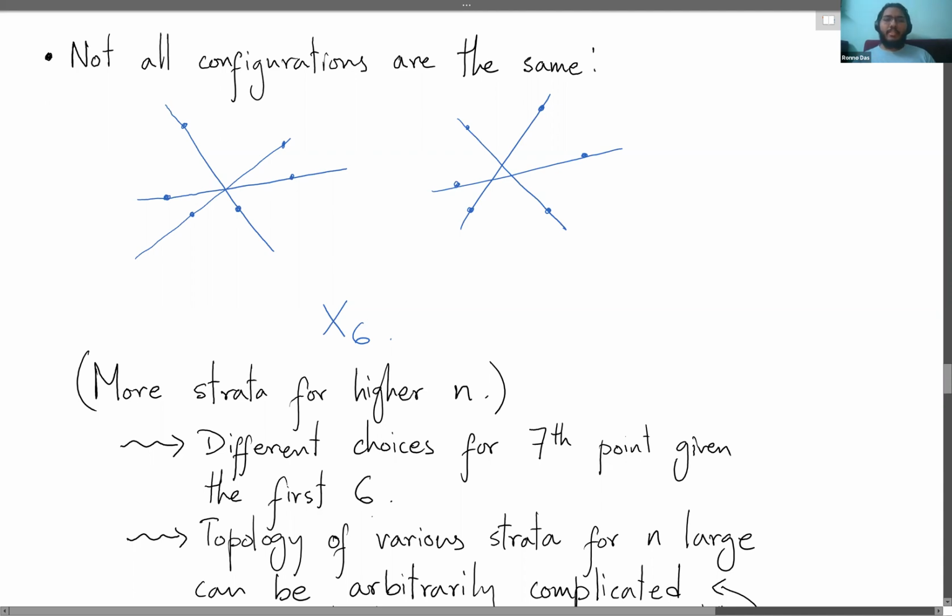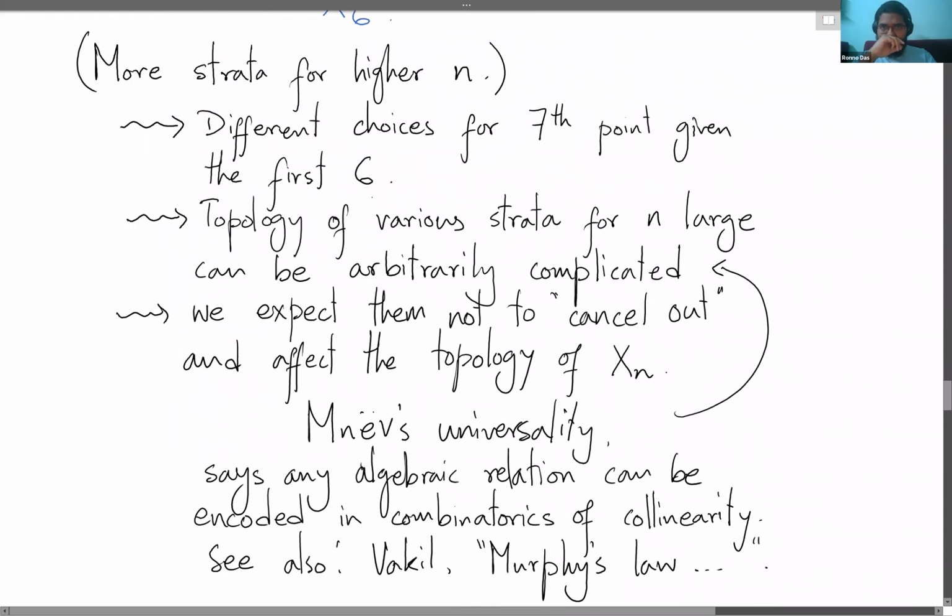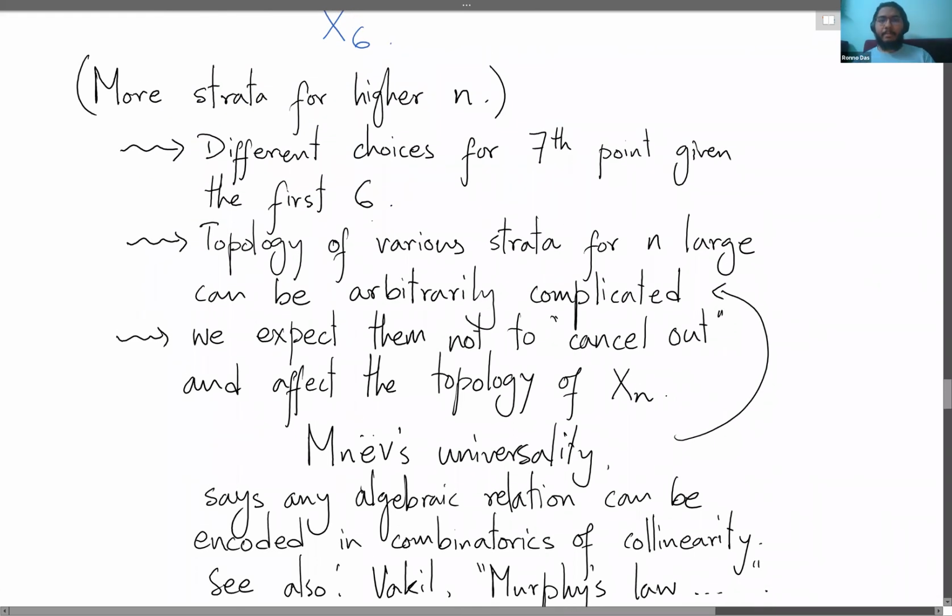So the choices of my 7th point are going to be different in the left picture and the right picture. Over R^2 this is visibly clear, since there are different numbers of components, but it also shows up over the complex numbers in a more complicated way. And this problem only gets worse as n gets higher and higher. It doesn't get any better than this. So like I said, this gives you different choices for the 7th point given the first 6.